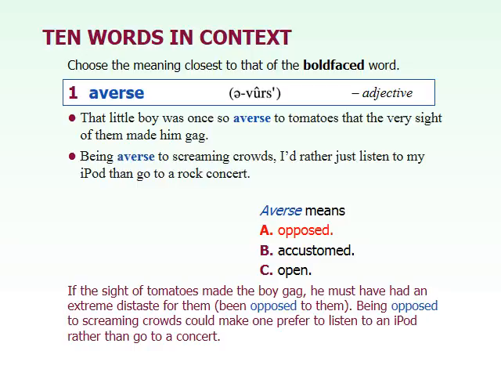So you're having a negative physical or emotional reaction to something. So keep that in mind. Averse doesn't mean opposed to in the sense that you're fighting it. It just means that you have a negative reaction to something, meaning that being involved or seeing that thing causes you discomfort.